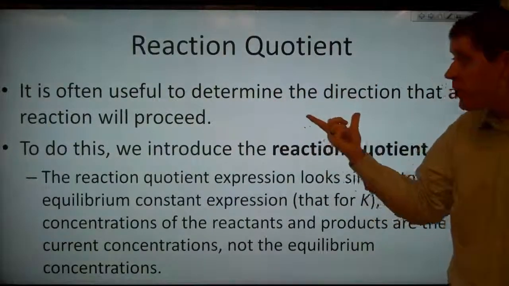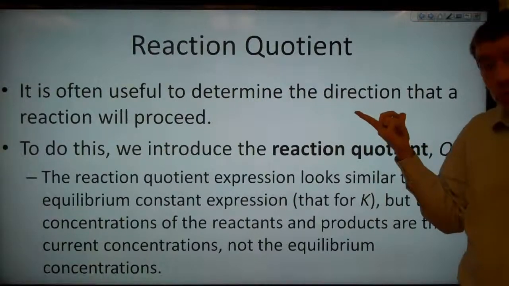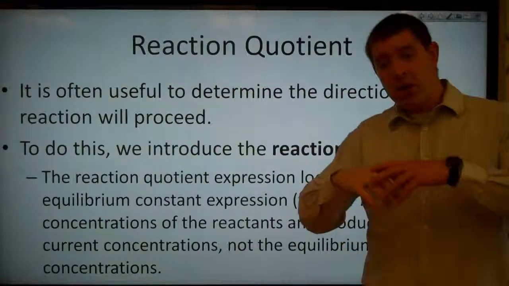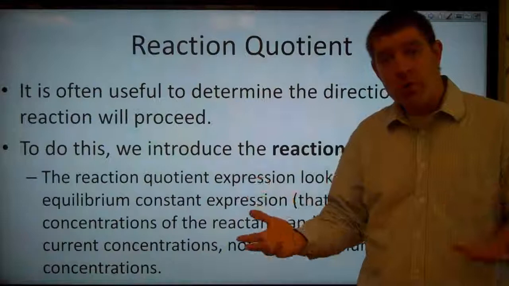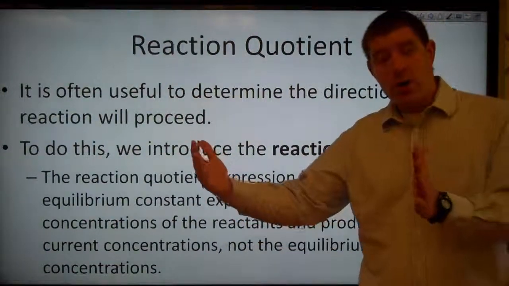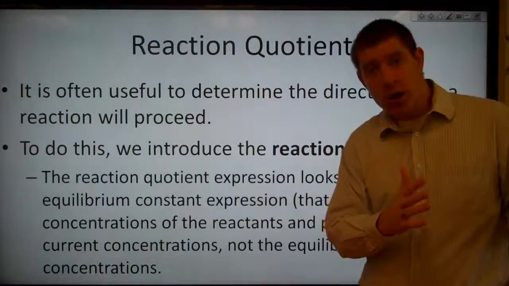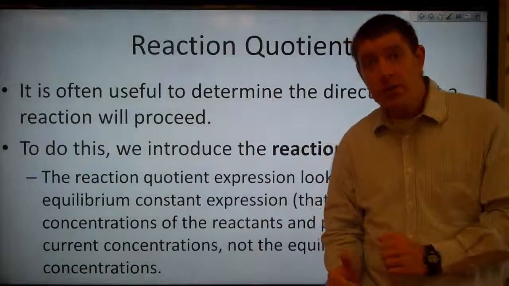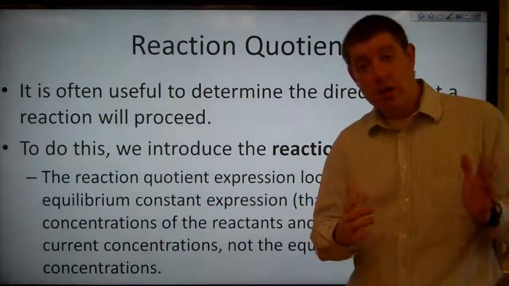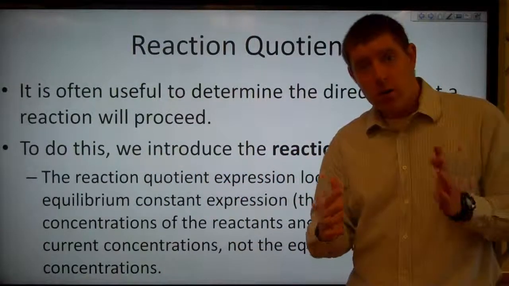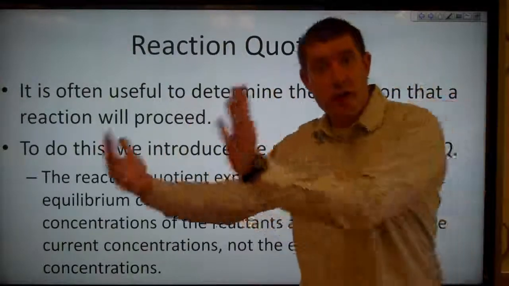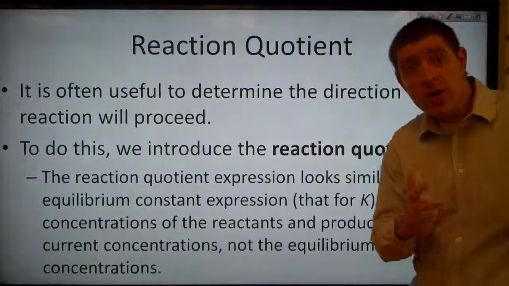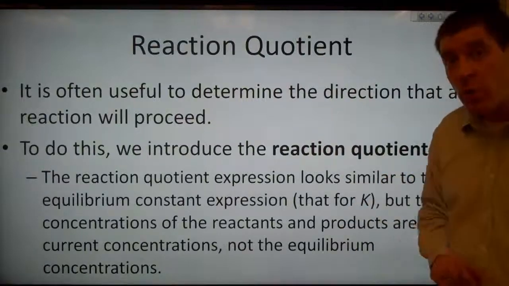So it's often useful to determine the direction that a reaction will proceed, because if we have some reaction mixture, and we want to know, well, is the reaction going to proceed farther towards the products or farther towards the reactants? Is the equilibrium going to shift, or is the equilibrium position farther to the left of where we are now or farther to the right of where we are now? That's what we want to know.